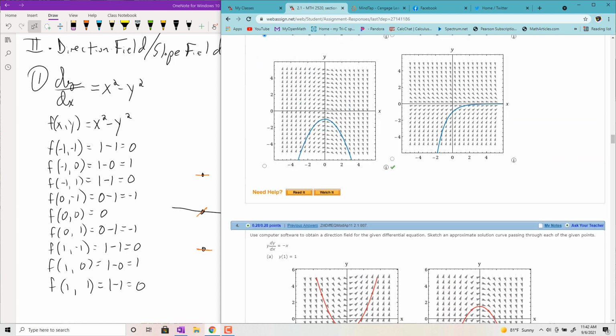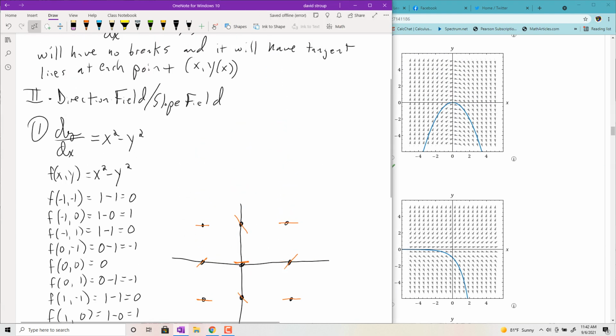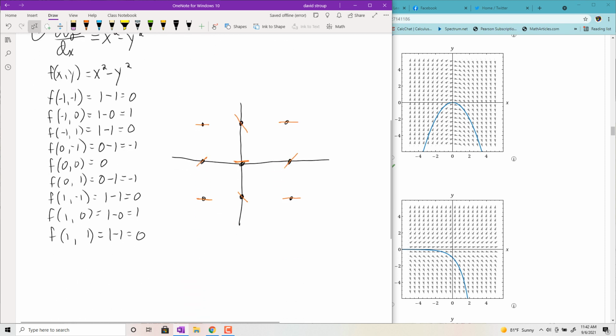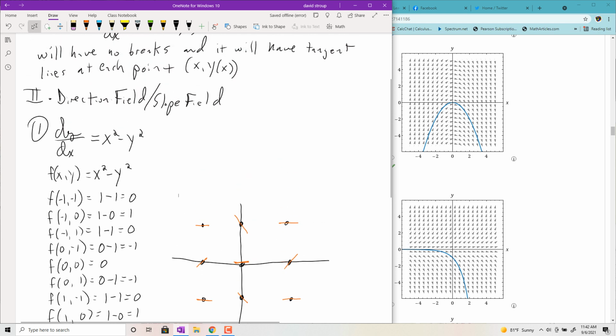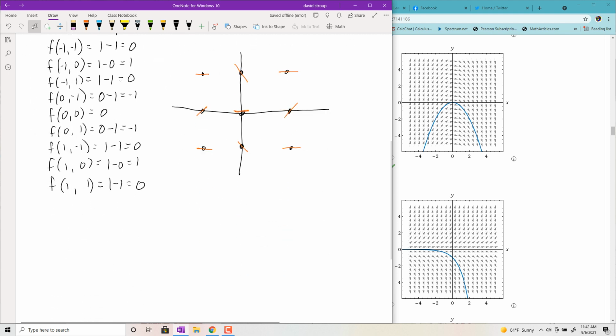Okay, so the point is, even though you don't know what the solution is, you don't have right now the methods for solving this differential equation, we can get a graphical approximation to it just using this differential equation, just plotting a bunch of points and doing a bunch of line elements.